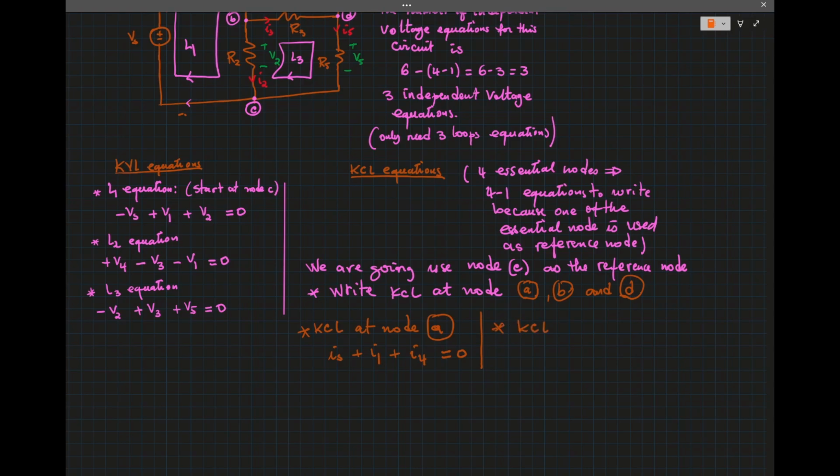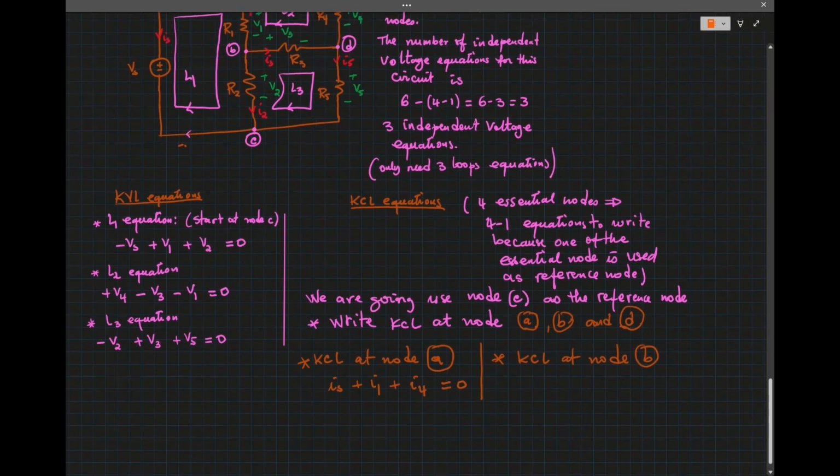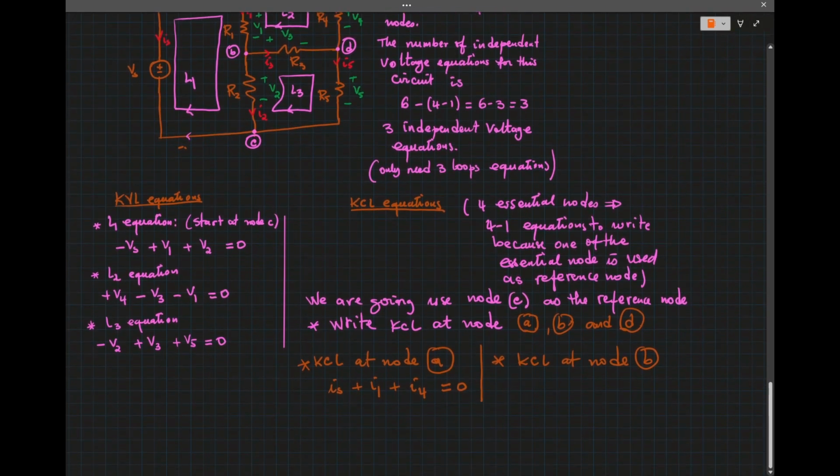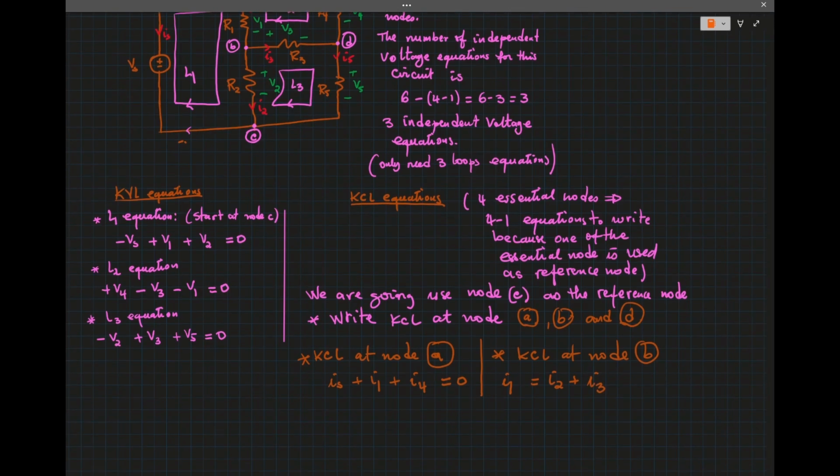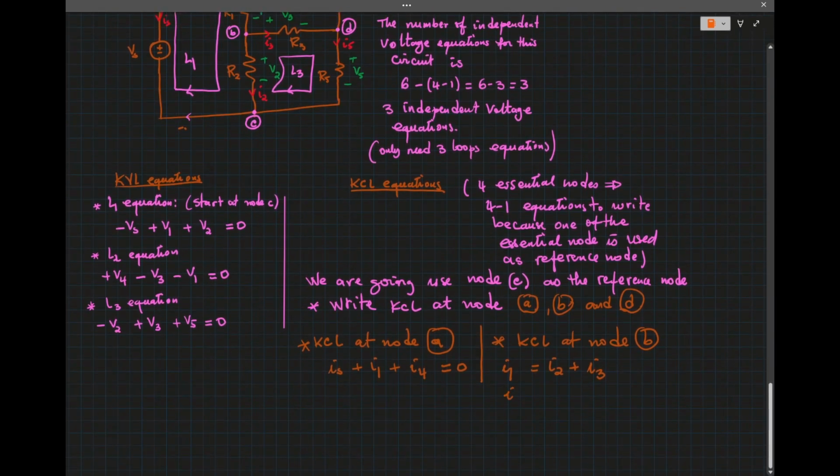So at node B, we have current I1 that comes to that node, and we have I3 and I2 that are leaving that node. So I2 plus I3. Okay, so that means we have I1 minus I2 minus I3 equal to 0.